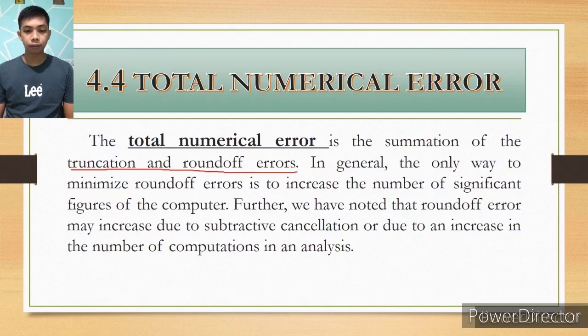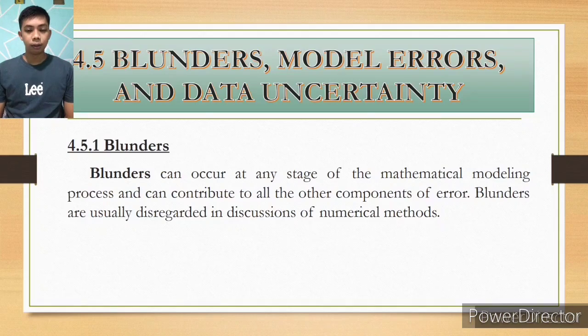In general, the only way to minimize roundoff errors is to increase the number of significant figures of the computer. Further, we have noted that roundoff errors may increase due to subtractive cancellation or due to an increase in the number of computations in an analysis.